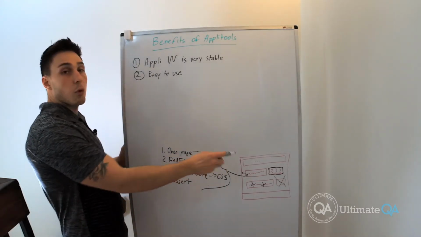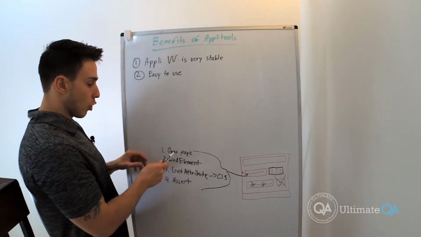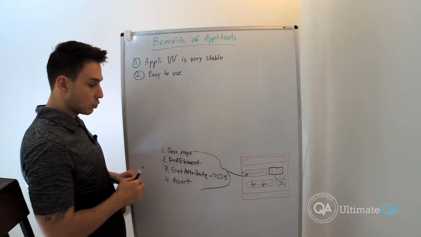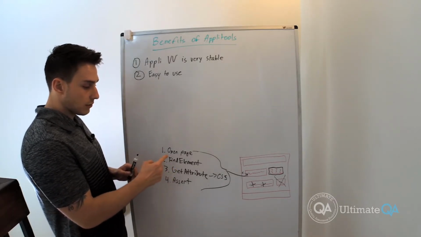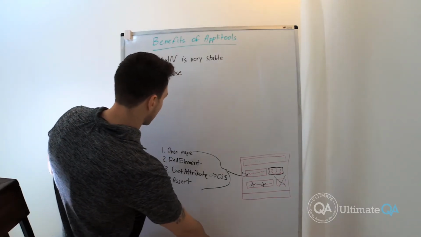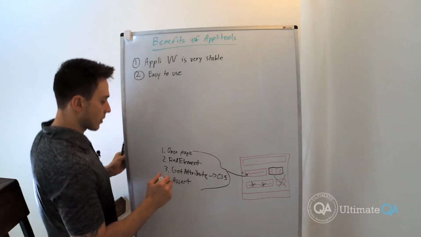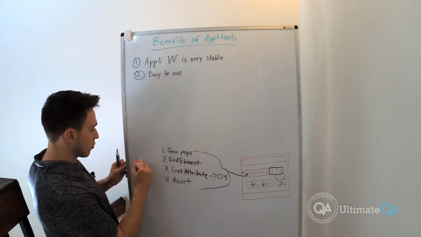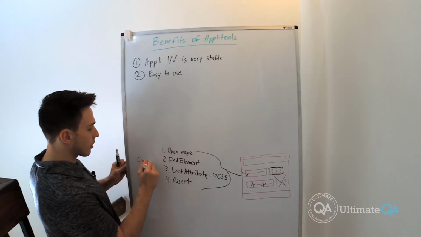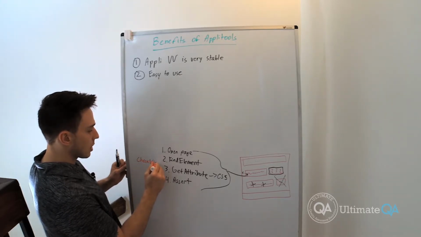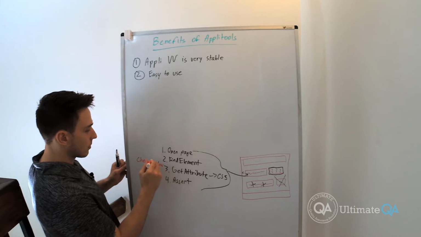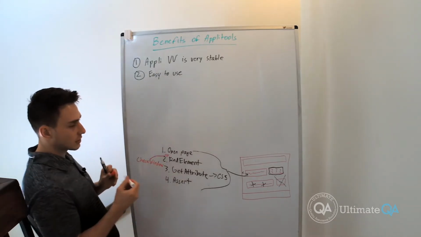For example, if we were working on this page here, you would open the page and you wouldn't even need to find element. Actually, if you were just using Applitools, you would insert another method here called check window. There are several methods that you can insert, but in this case we can do check window. And you would just insert that in this step.